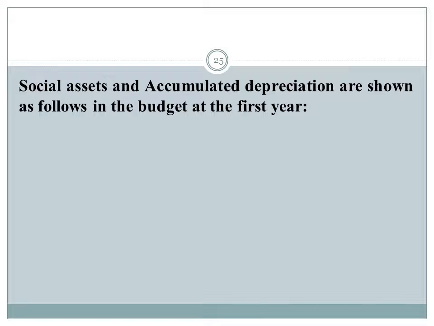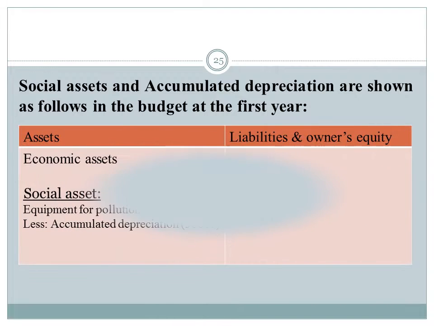Firstly, in the first year, the balance sheet consists of assets, liabilities, and owner's equity. Assets, economic assets, social assets. Social assets, equipment for pollution control or any asset, less accumulated depreciation.